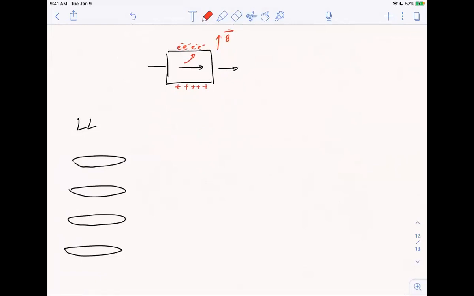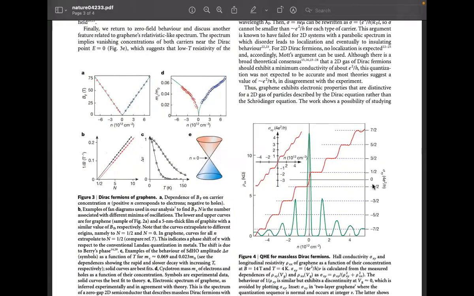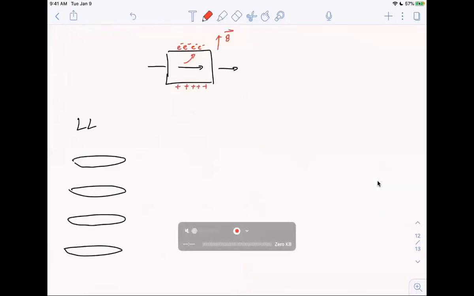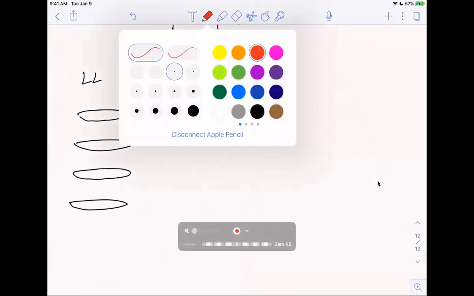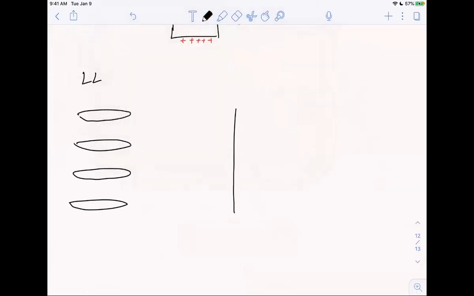Then you can plot something called the conductivity.